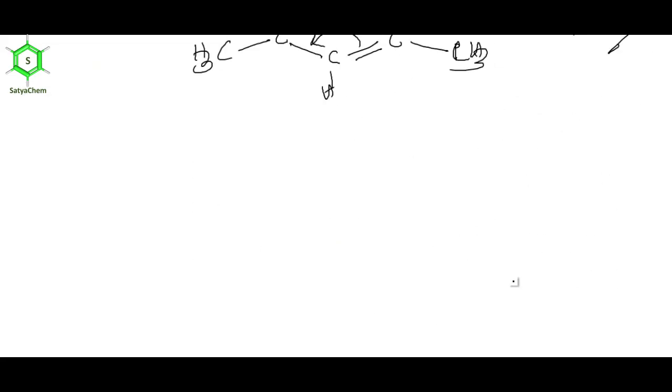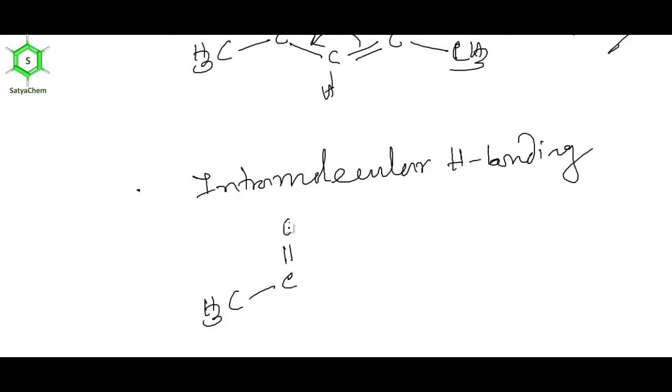Second reason is intramolecular hydrogen bonding. See, there is intramolecular hydrogen bonding present in the enol content, which stabilizes the enol content. Clear? So that is why the percentage of enol content is much higher in the case of acetyl acetone.